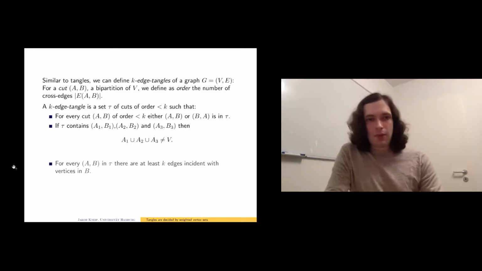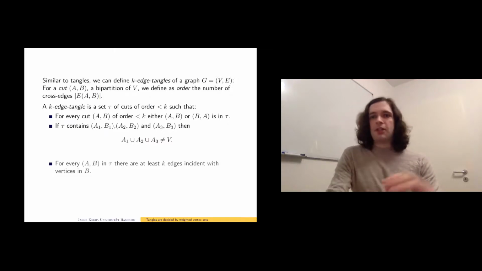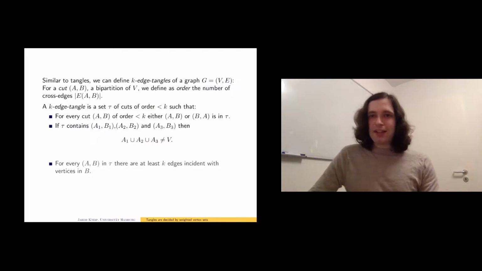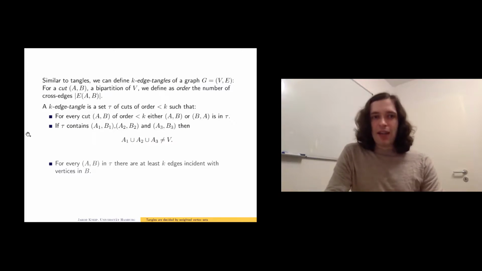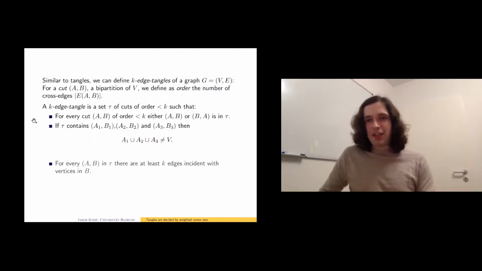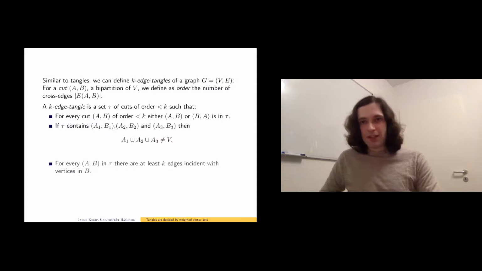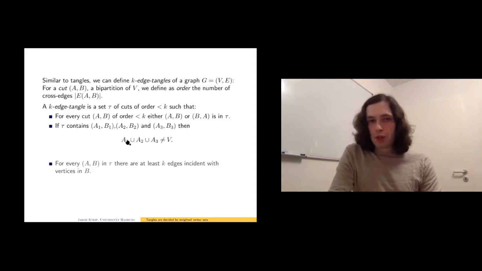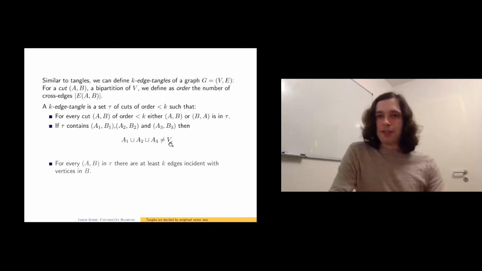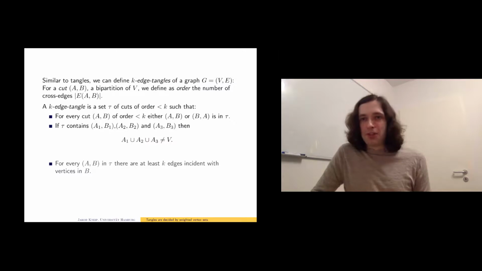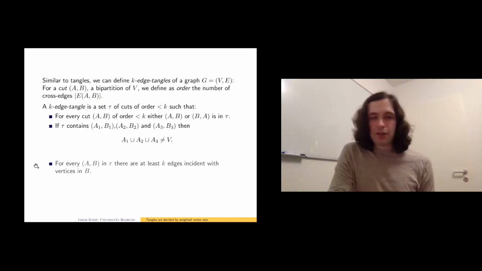If we're now working with cuts rather than vertex separations, and if you have, say, a single isolated vertex in your graph, then this single isolated vertex would define a K edge tangle with the first two properties by saying for each cut of the graph that the side containing that one isolated vertex is the big side. Then all of the small sides here would miss that one vertex. So no union of small sides would ever cover the entire vertex set. But clearly, if you're looking for some sort of cluster, then isolated vertices in the graph aren't very interesting. So that's the reason we have to add this third condition to the definition.